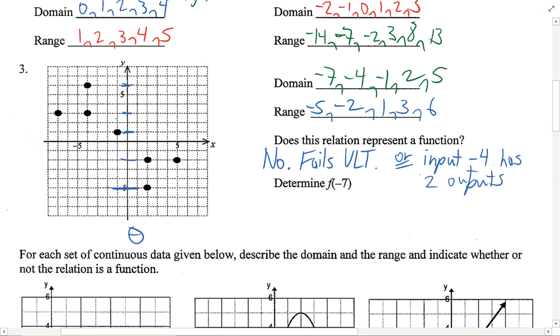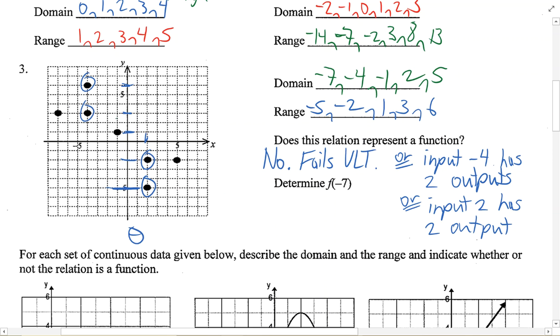Is there another input that has 2 outputs? Yep, which one? +2. So I'm specifically saying which one fails it. Input 2 has 2 outputs. So 2 possible values for this x value, here and here. It fails the VLT.